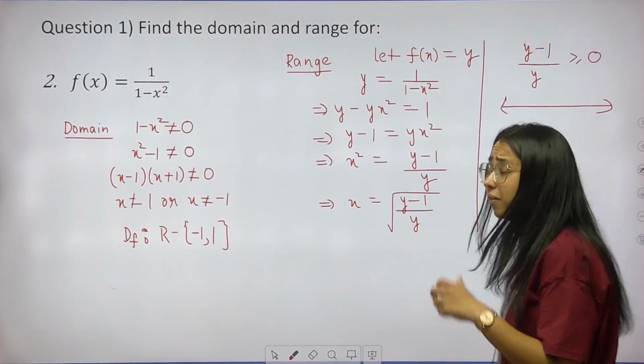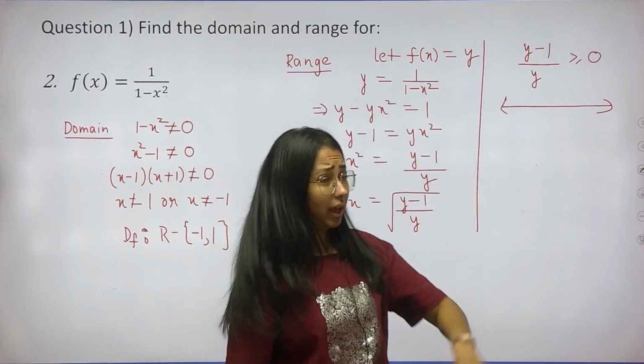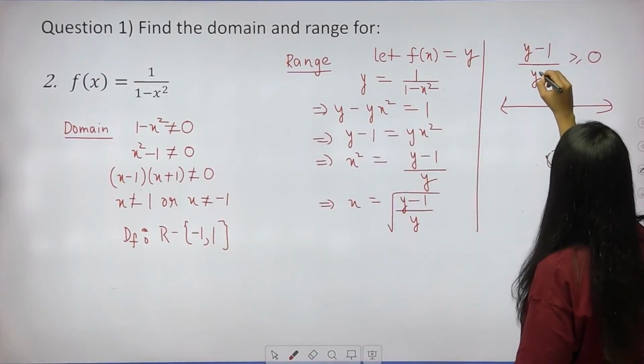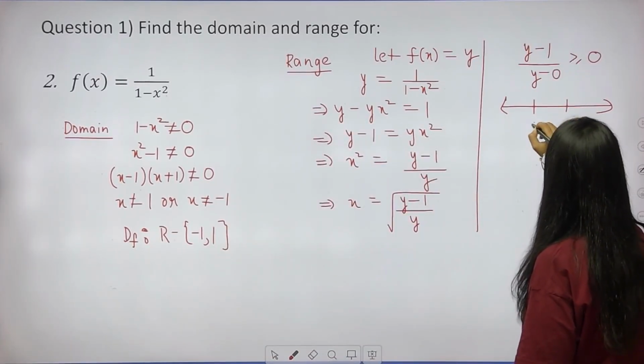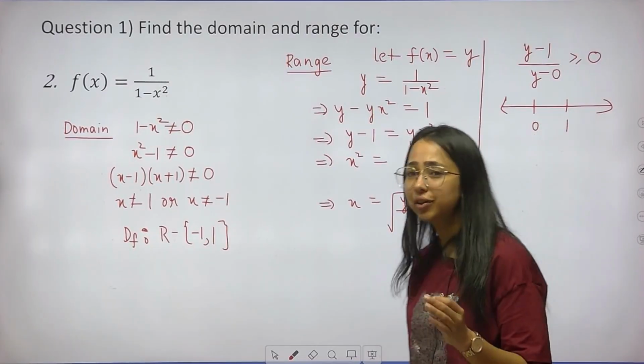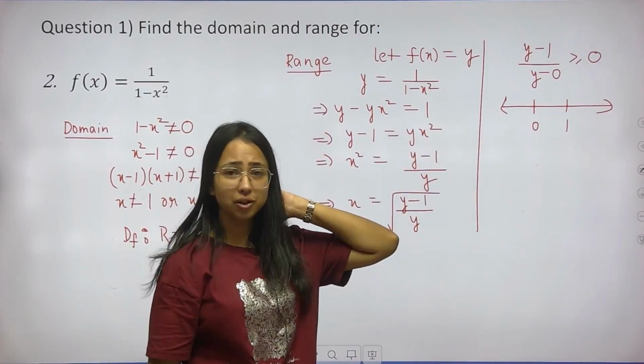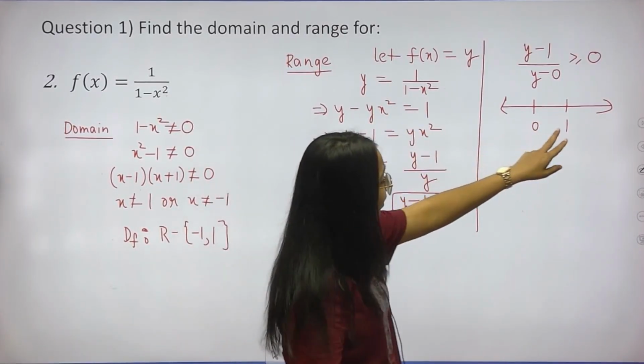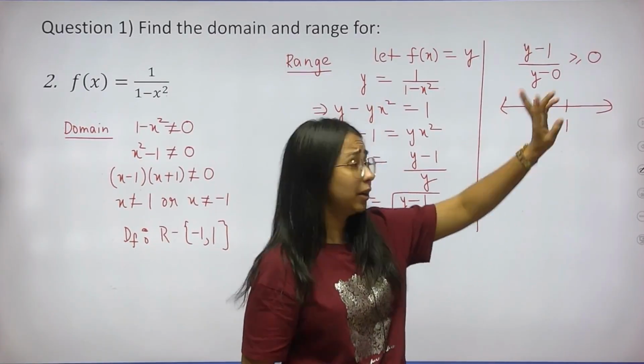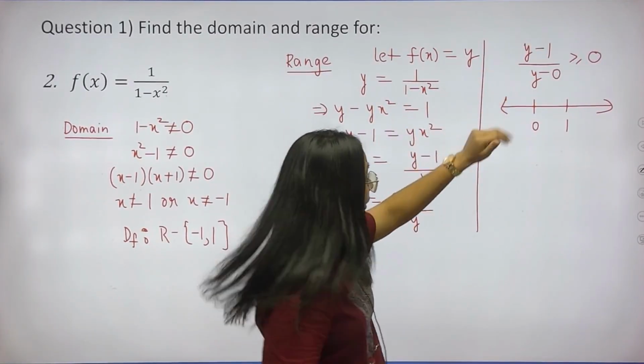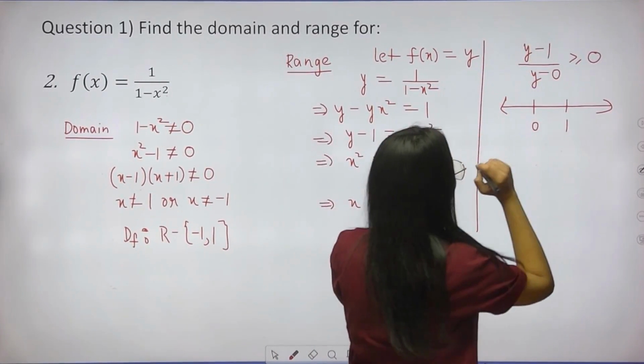Okay. Next, we'll find the y values. So for finding the y values, we'll make a number line. Clearly, we can say that 0 and 1 are the critical points of this particular function. Okay. So let's take any value greater than 1 and put in place of y. Okay. So let's take y as 2.